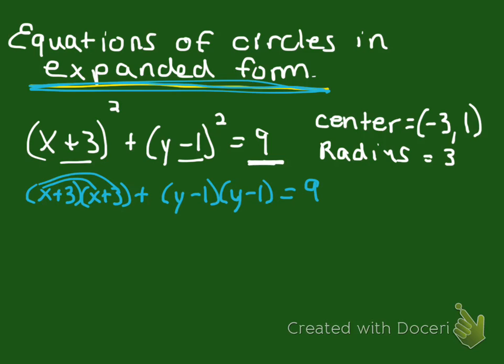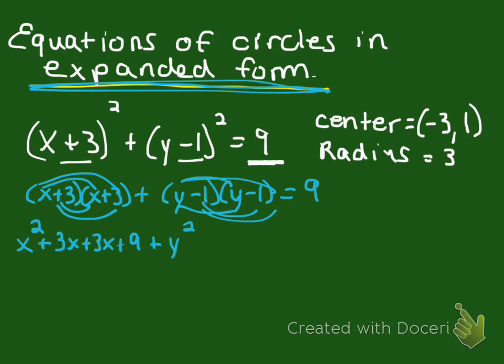So I'm going to distribute. I'm going to have x squared plus 3x plus 3x plus 9, and then that's plus, now I'm going to do the y's over here. So it's going to give me y squared minus 1y minus 1y plus 1 equals 9, and then I'm going to combine my like terms.